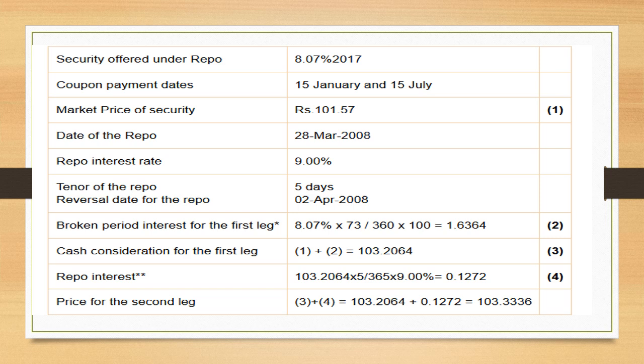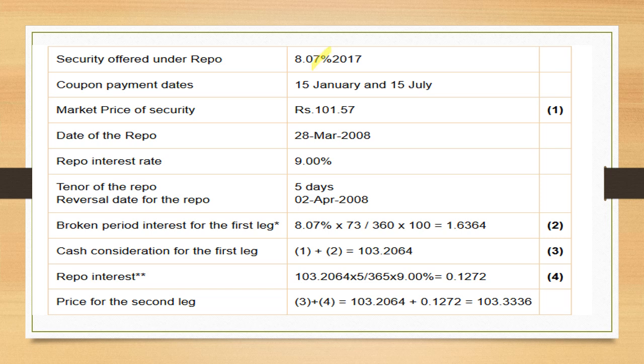So once the repo is being done, from the last coupon date to the date of repo, okay, there is a need to calculate what is called as the accrued interest, and that is what gets calculated in case of a repo transaction. So you can see that there is an accrued interest which is getting calculated, 8.07 into 73. 73 is nothing but the difference in the days.